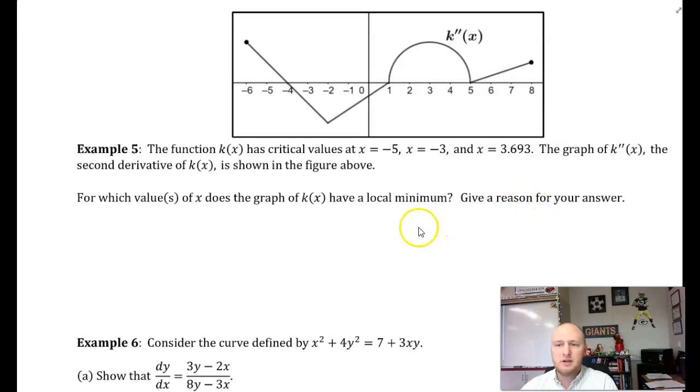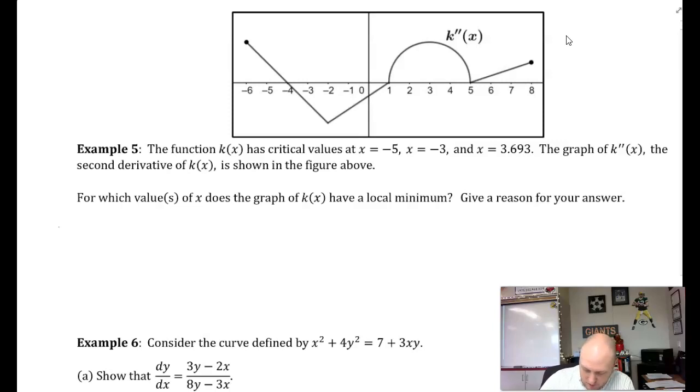Well, we already know that k has critical values at x equals -5, -3, and 3.7 approximately. So in order to determine if they are a max, a min, or neither, we're going to look at the concavity of the function. So we have k double prime of x.